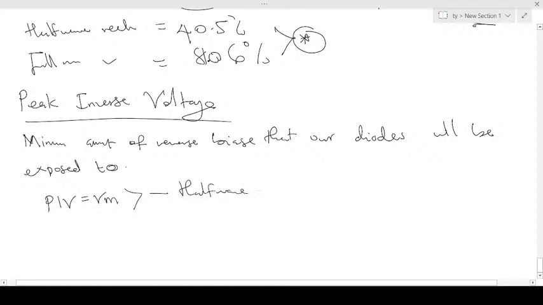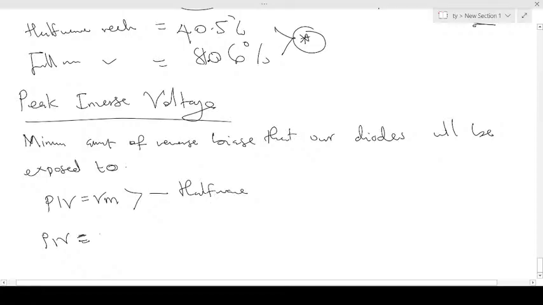So what will it be for our full-wave rectifier? In our full-wave rectifier, whenever one of our diodes is forward biased, the other one is reverse biased, and the polarities are always alternating, so what does that mean for our peak inverse voltage?